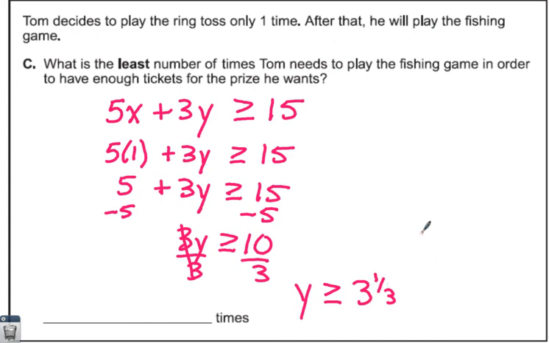So what would the final answer be? Can we put 3 1/3 here? No, I don't think that really makes much sense. So I think we need to put 4. He needs to play at least 4 times, because he can't play 3 1/3 times. So the next whole number greater than that would be 4.